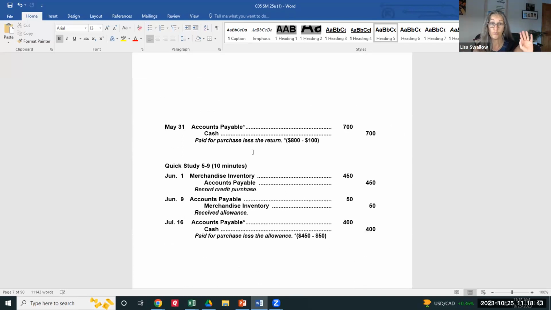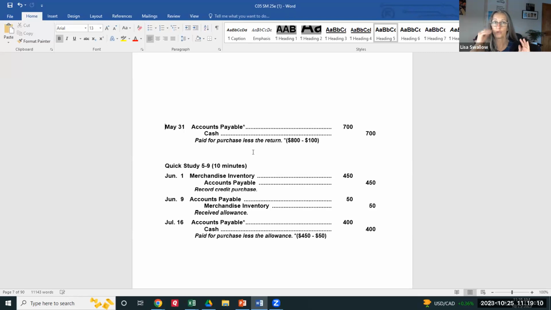So every time you make a sale now in a merchandise company, you've got to worry about two things. You've got to worry about recording the sales revenue, and then you've got to worry about recording the cost of goods sold. Again, cost of goods sold is an expense account.